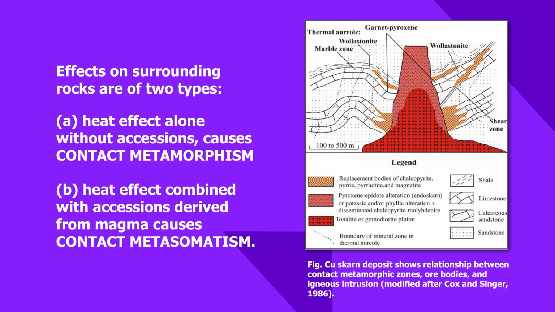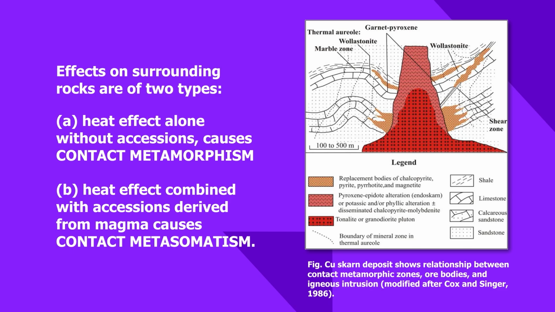In this diagram, a copper skarn deposit shows the relationship between contact metamorphic zones, ore bodies and igneous intrusion. You may find the outermost wollastonite zone within the carbonate rocks. What are the carbonate rocks? Mainly marble and limestone.